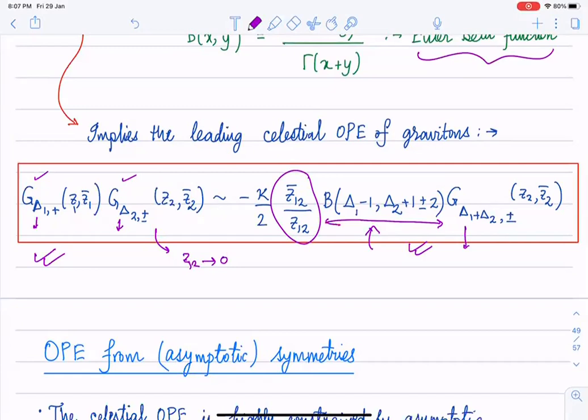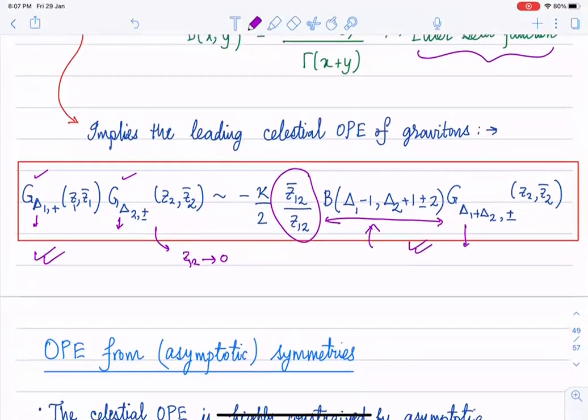But it turns out that in the case of MHV scattering amplitudes at tree level, you can actually do more.